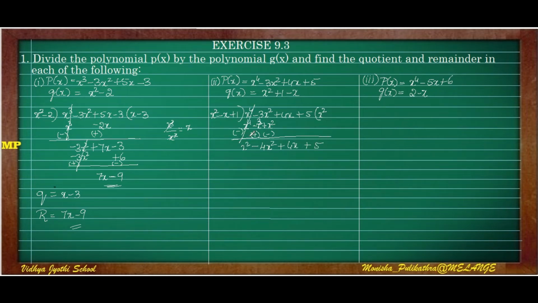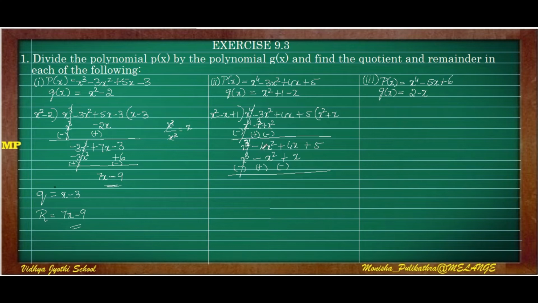x square to become x cube, we have to multiply it by x. x into x square is x cube. Minus x into plus x is minus x square. 1 into x is plus x. Next, change the sign.